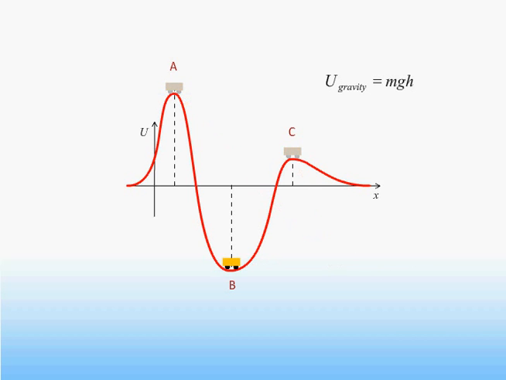If the car at position B is given a small push in either direction, it will return to the equilibrium position. If the car is given a small push in either direction at positions A or C, however, it will roll down the track, moving further away from the equilibrium position. We say that the equilibrium is stable at the minima and is unstable at the maxima.